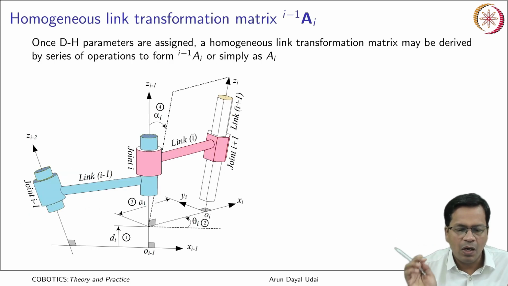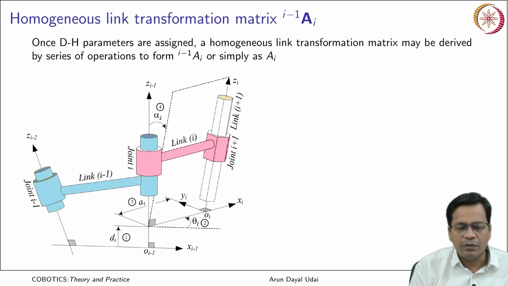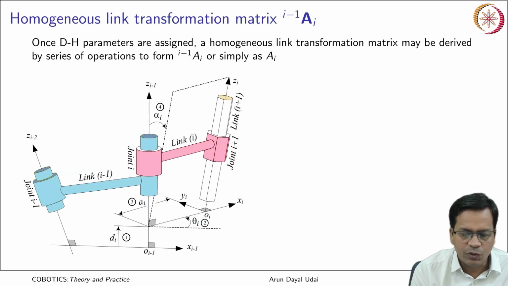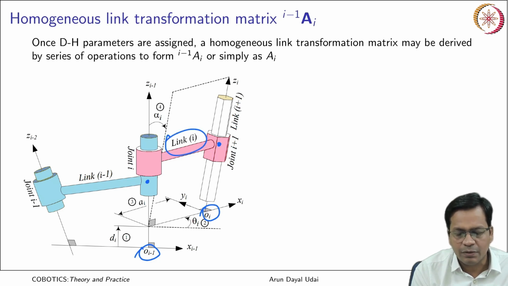Okay. Now, let us find out the transformation that takes you from Oi minus 1 to Oi, that is, from the frame which is sitting over here to the frame which is here. This link itself sits on this frame and it terminates with the next frame.